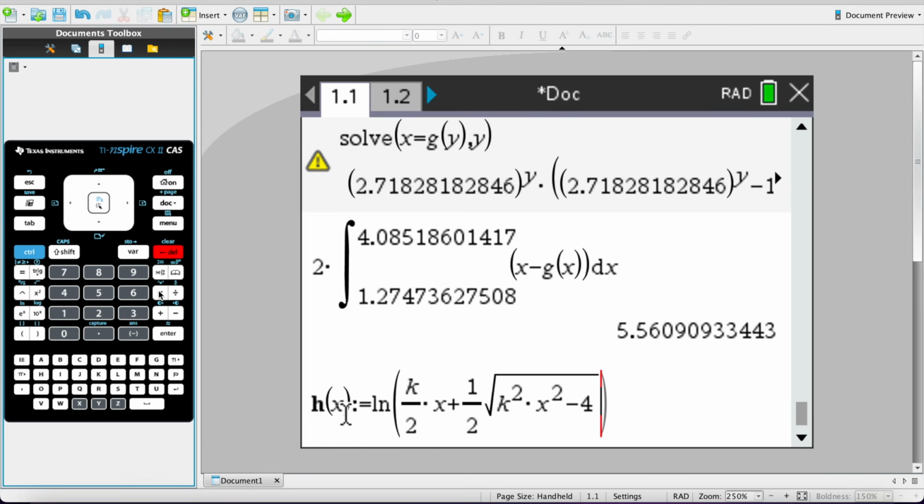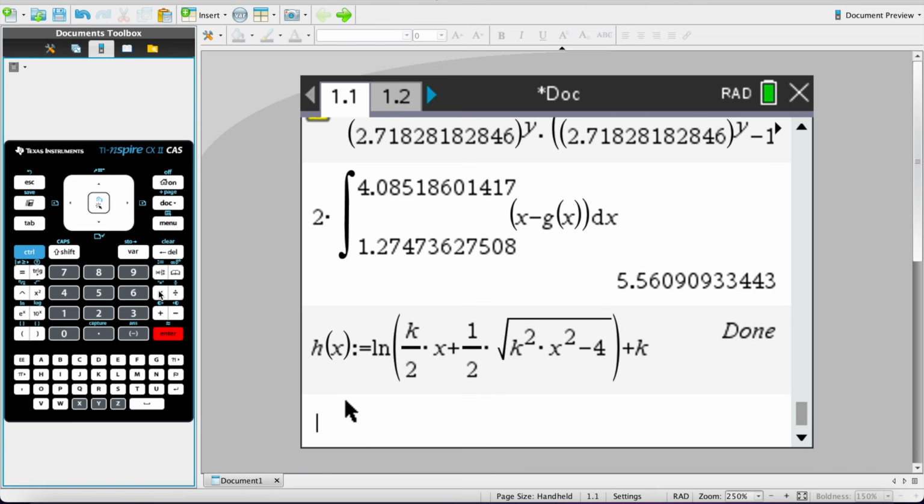And the plus k is on the outside of the log. Alright, so just making sure I've defined that correctly.